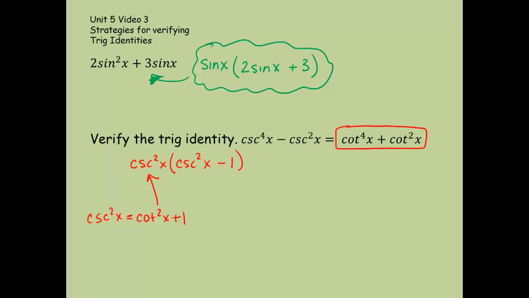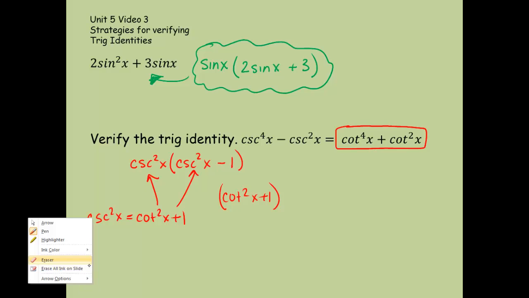Now, I can then replace my cosecant squared of x over here with the same thing. So I get cotangent squared of x plus 1 as the first replacement.